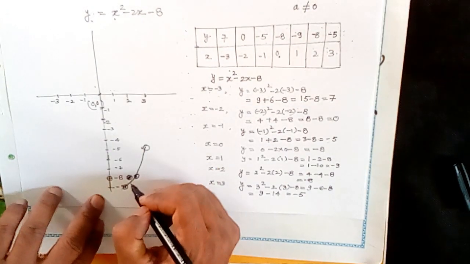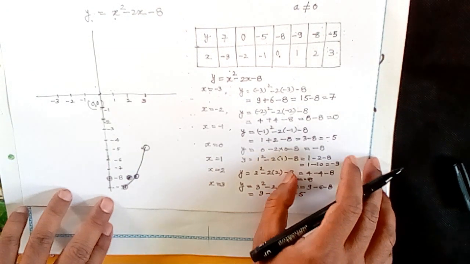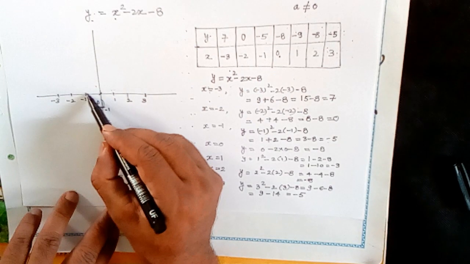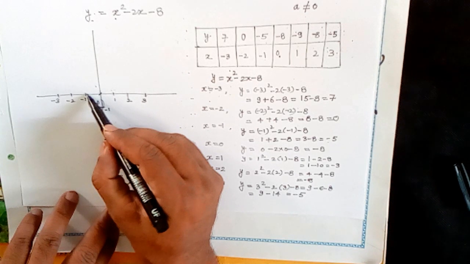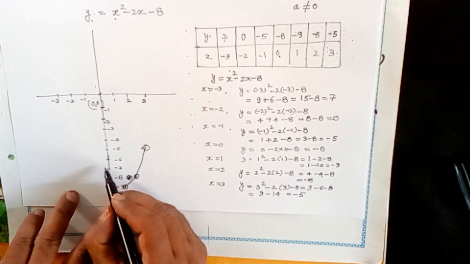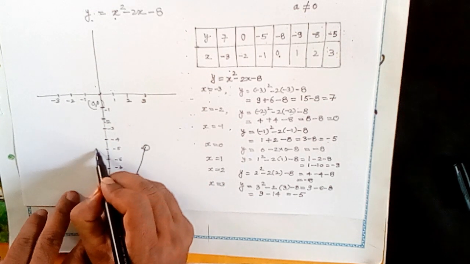Now at 1 we are getting -5. Here it is, at -1 getting -5.